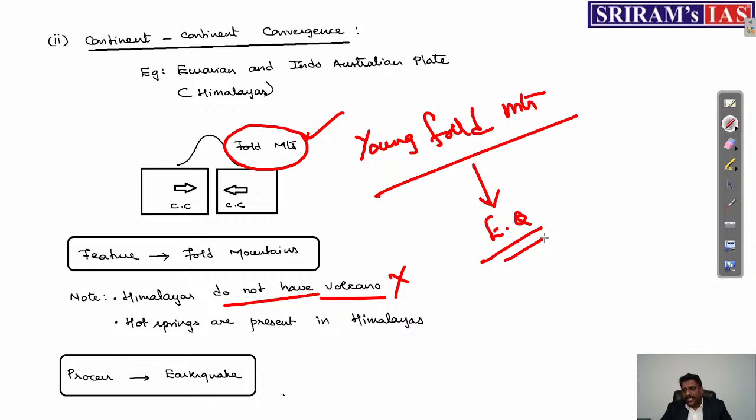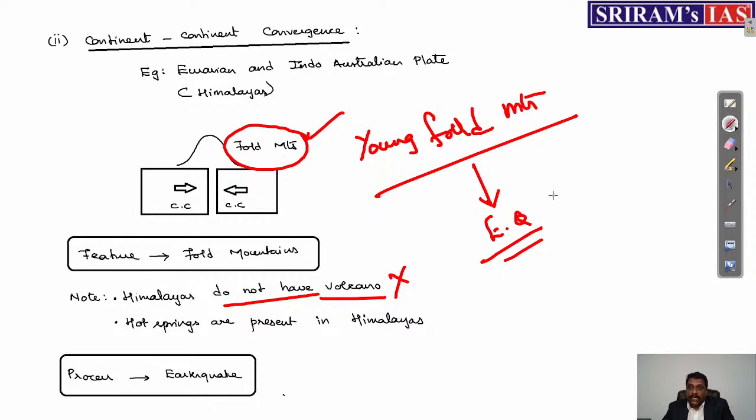Why do we say it is highly susceptible to earthquake? Because fold mountains are the place where I'll be having shallow earthquakes. For example, Turkey, which I can take with the Caucasus Mountains being very close to it, influencing Turkey. Even when I talk about earthquake-prone zones in India, most of them are confined to the Himalayan region.